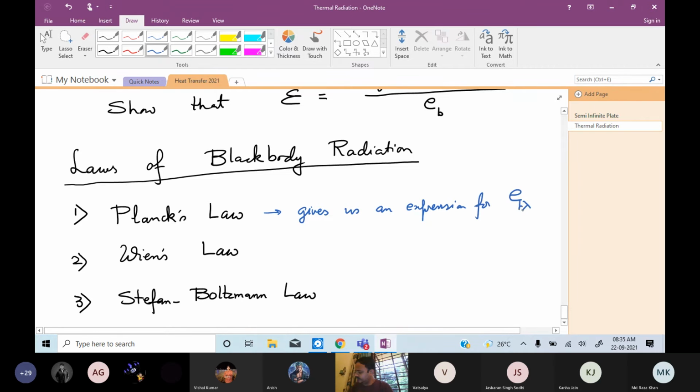These are all black body, so EB lambda. So what is the monochromatic hemispherical emissive power of a black surface at a given temperature? That is given by Planck's law. Even before we look at that expression, you can guess that EB lambda is going to be a function of lambda, definitely, and the temperature.